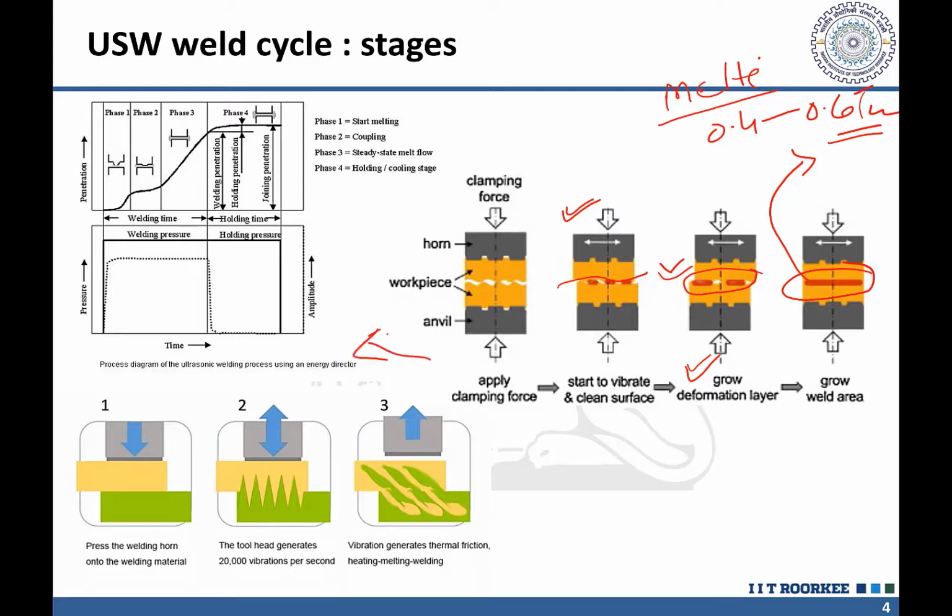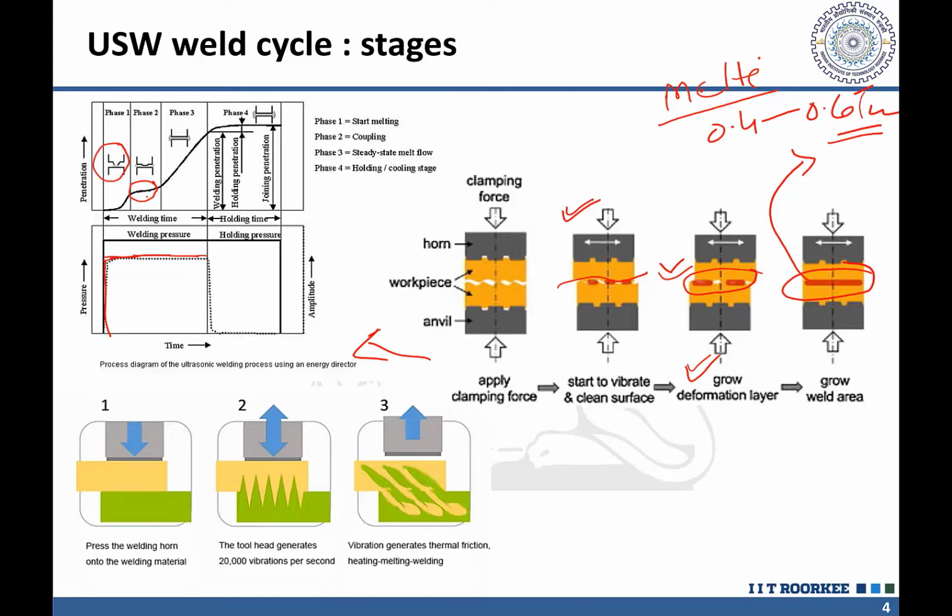Okay, so initially the sonotrode tip will come in contact. In phase 1, the pressure is increased, then that pressure is maintained. Initially pressure is increased, then vibration starts. During that period, heat generated will lead to the melting.